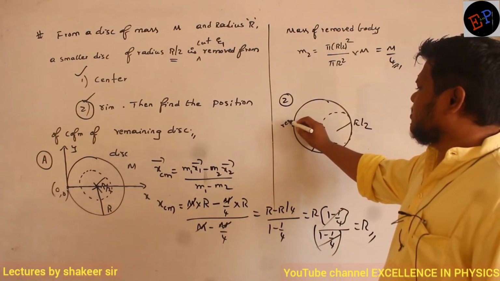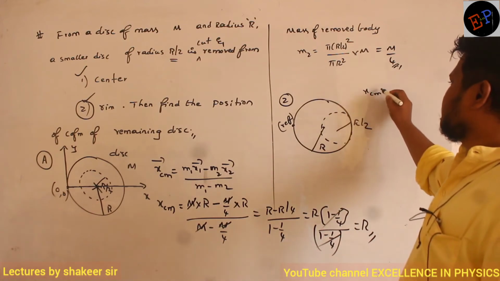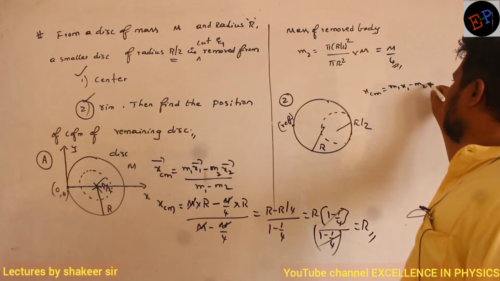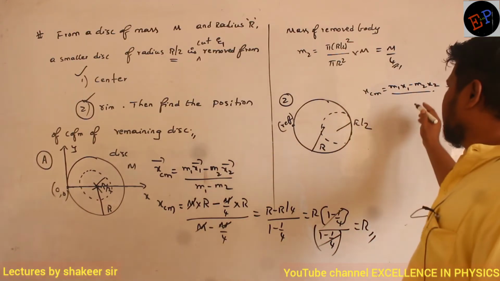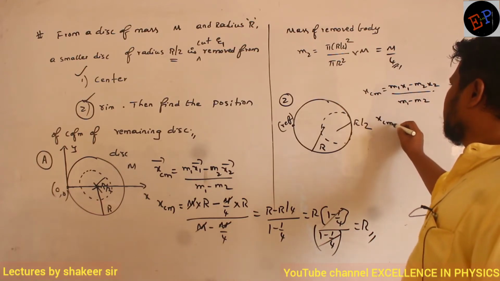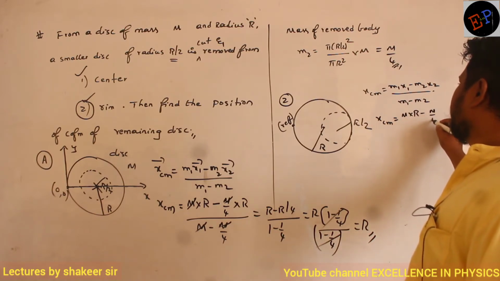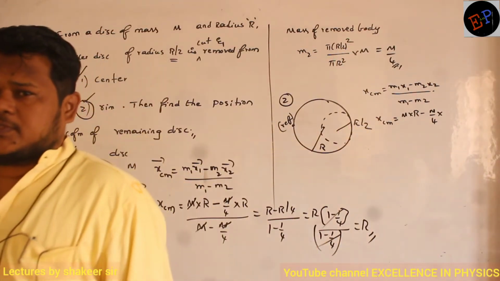So x center of mass is equal to (M1 x1 minus M2 x2) divided by (M1 minus M2). All of them are positive only, no? So I am not writing in vectors. Directly I can write in scalars. The mass of the original body is capital M, its position of center of mass is r from the reference. Mass of the removed body is M by 4. Now for the removed body, where will be the position of center of mass?